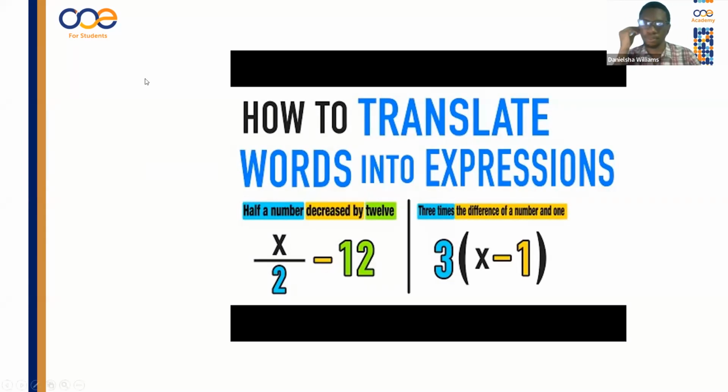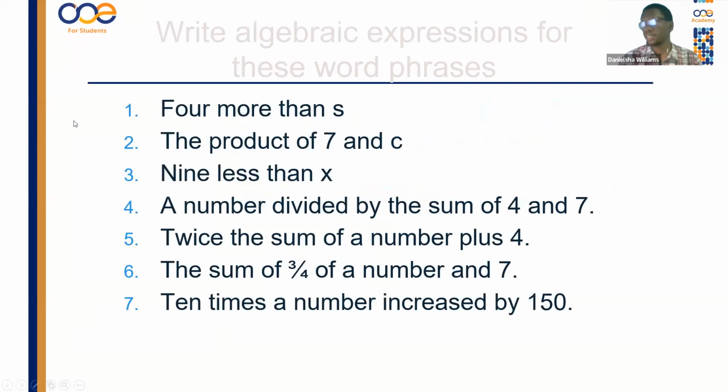However, I'll just summarize this video. We're just talking about how we go about translating different sentences into expressions, right? So if you had a sentence such as, use this example, 4 more than S, we would translate it as, first of all, the number. So we have 4 and we have S, right?